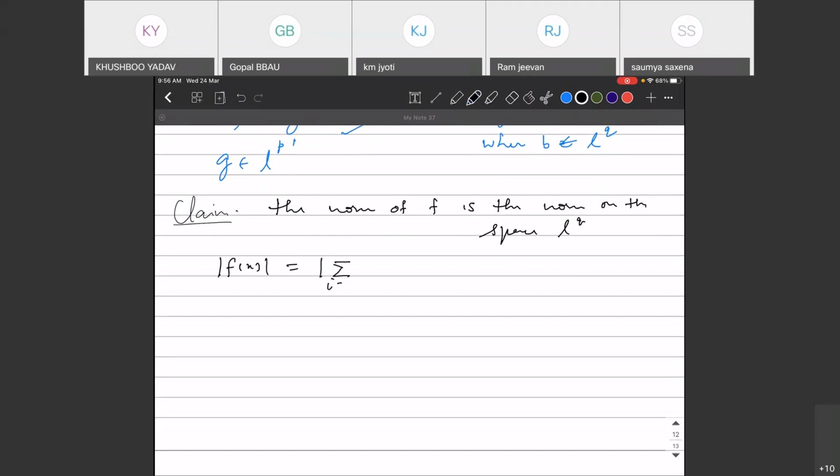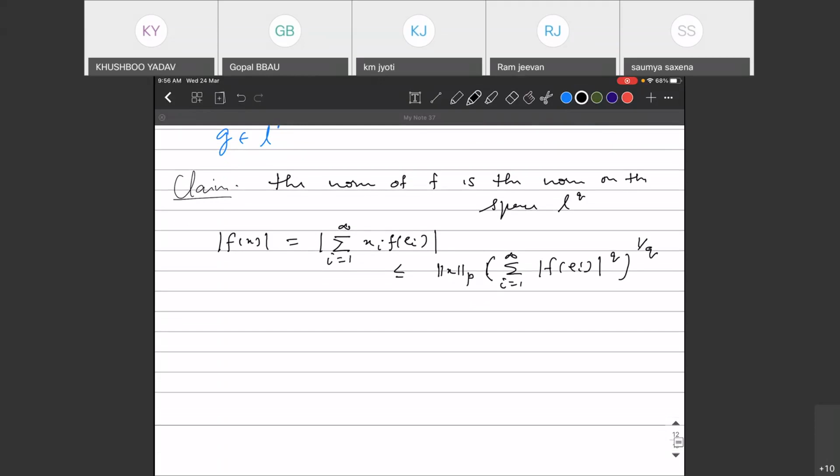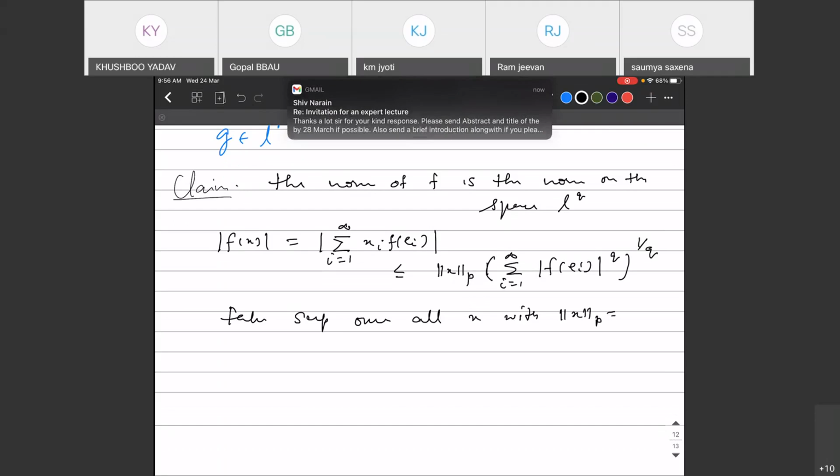In the same way we will do this: the sum from 1 to infinity of f(e_i) x_i is less than or equal to norm xp, and this comes from Holder's inequality, times the sum of mod f(e_i) to the q, to the power 1 by q. So take supremum, similar thing, over all x with norm xp equal to 1.